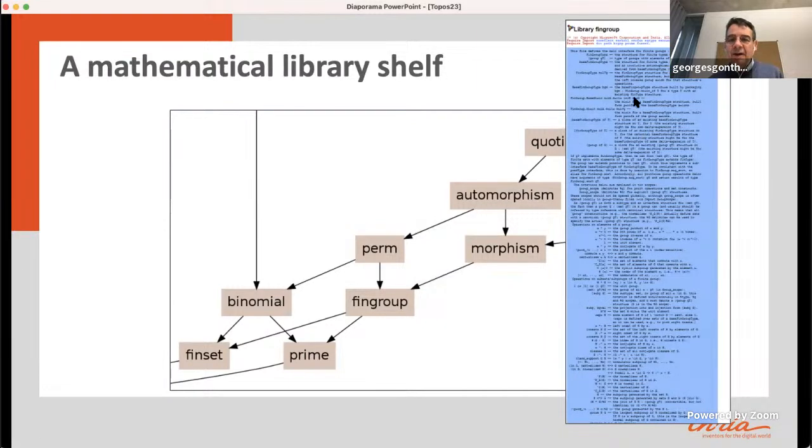And so the finite group blob starts with this description here that tells you everything that's been defined in it. So you can think of each of these blobs as being basically one undergraduate or graduate course for the blobs that are higher up.